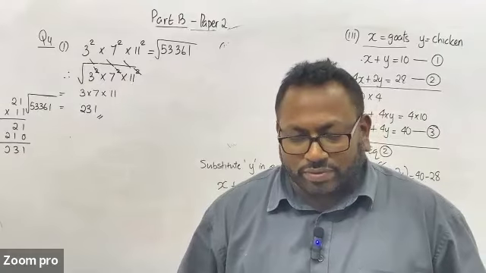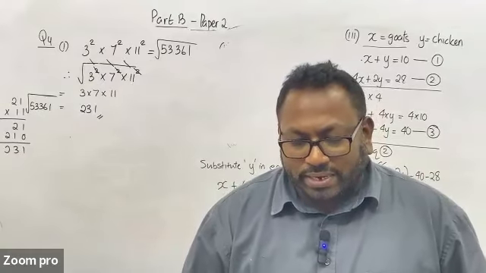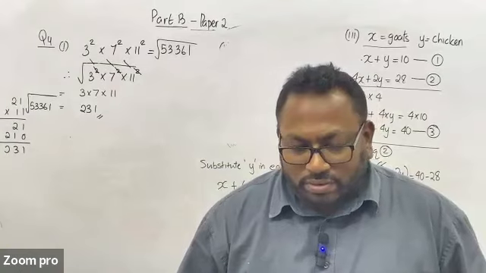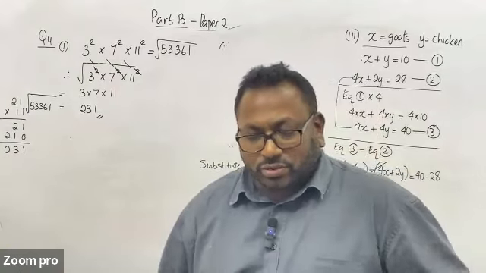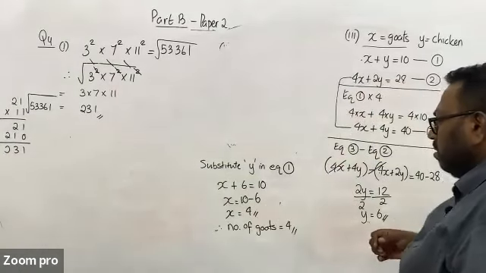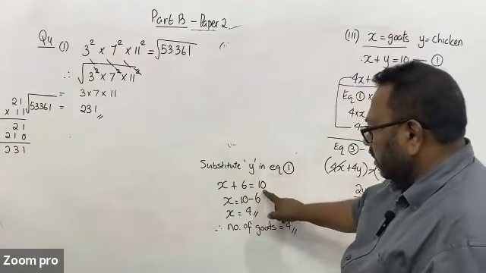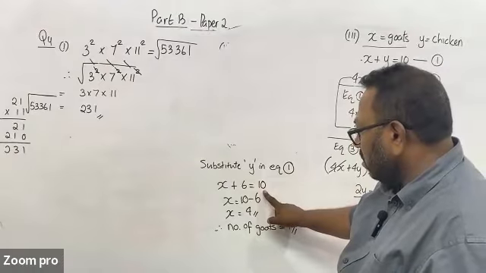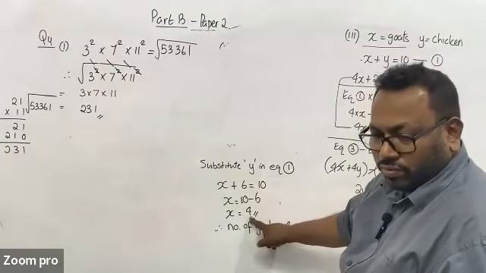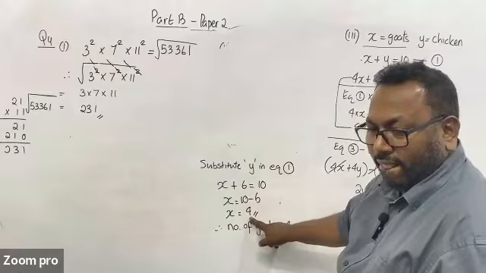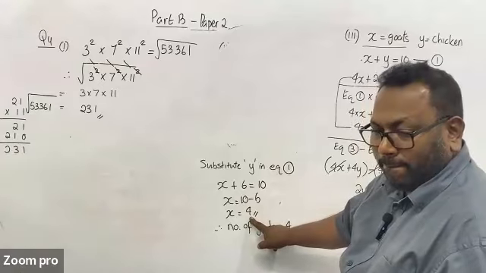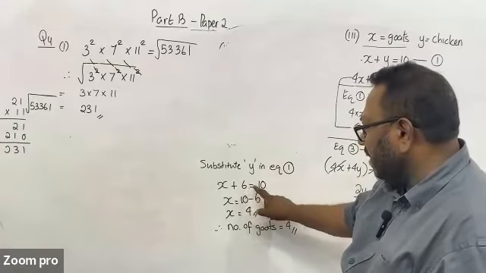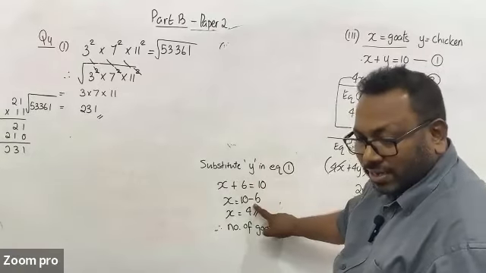Okay, question number 5. Can't we minus 6 by 10? Which one, 6 by 10, Suresh? This over here. 10 minus 6. Yeah, so 10 minus 6, we got 4. You're subtracting, the plus 6 comes to this side as minus.